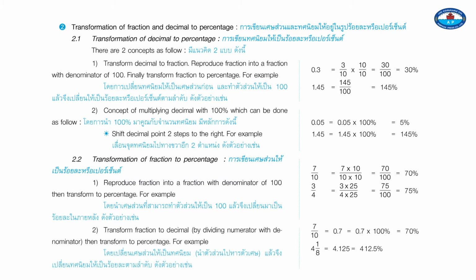Transform fraction to decimal by dividing numerator with denominator, then transform to percentage. For example, 7 over 10 equals 0.7 equals 0.7 times 100% equals 70%.